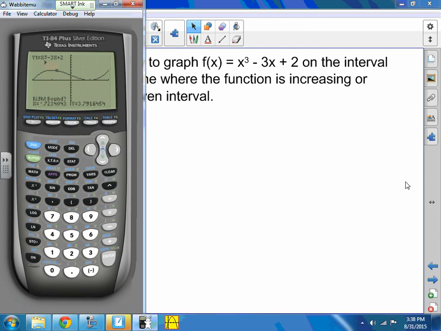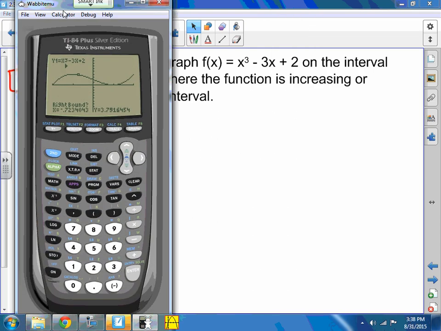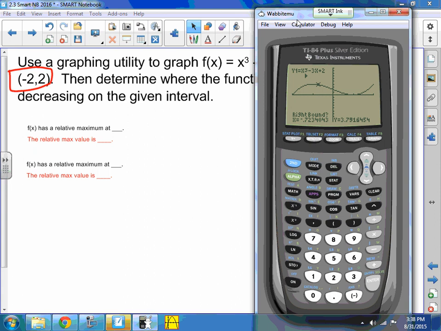Sorry, it kind of jumped across the screen at me there. And then press enter again. And now you can see that it gave you these 2 little arrows there. That means that the calculator is going to search between here and here, which is where you clicked, to find the highest point. So now go ahead and press enter one more time, and the calculator should do its thing.